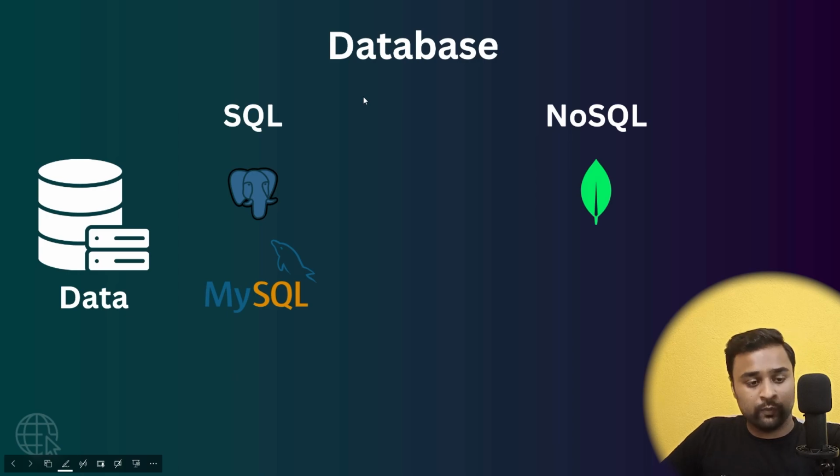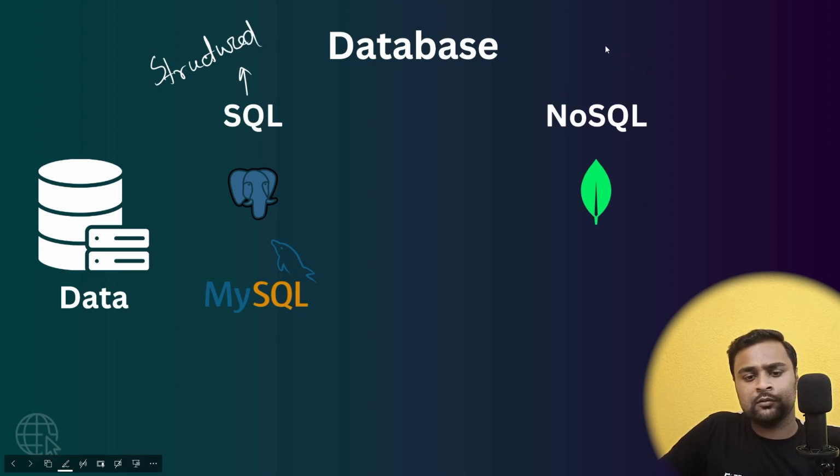Then there comes the database, which, I told you, is one of the most important parts of the web. So there are two types of database actually. One is SQL, or this is called structured query language, and NoSQL, it has no structure.